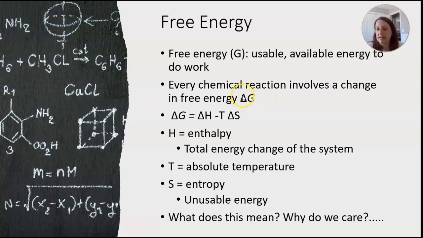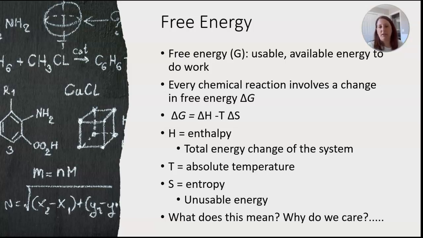So this delta G, triangle G, means change in free energy. So reactions that release energy are going to change the free energy of the system, increase it. And reactions that require energy are going to change the free energy of the system.